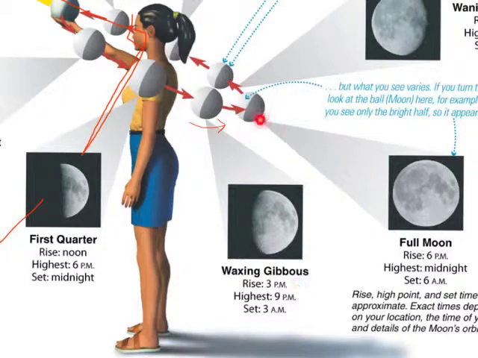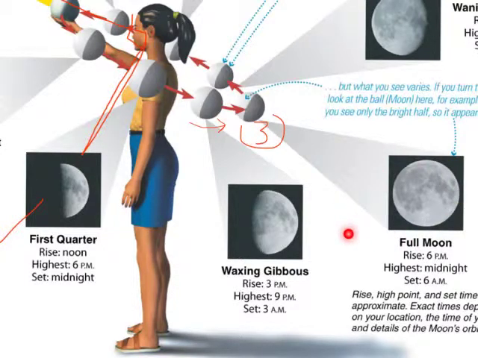Then about 1 week after first quarter, this is actually position 3. If new moon is position 1, first quarter is position 2, full moon would be position 3, is the way I think of it.